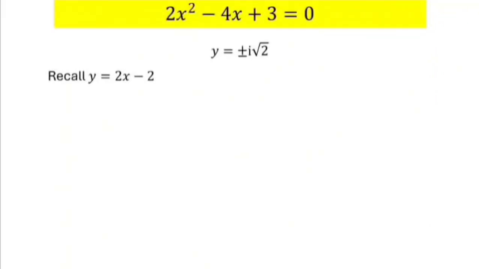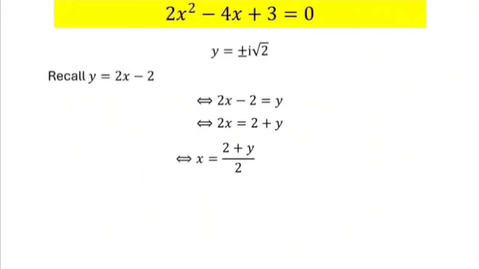Because we've got a positive value of x on its own on the right hand side, I generally find it easier to start by just swapping around the sides. Because we've got 2x minus 2 equals y. Of course, that gives us 2x equals 2 plus y. We can divide by 2 and get x equals (2 plus y) over 2.